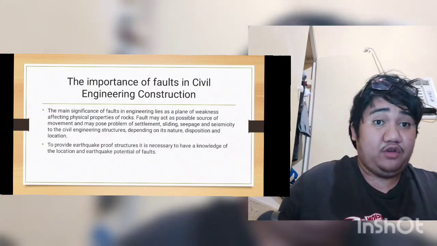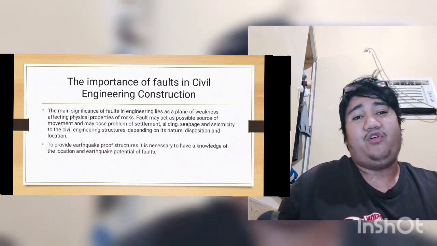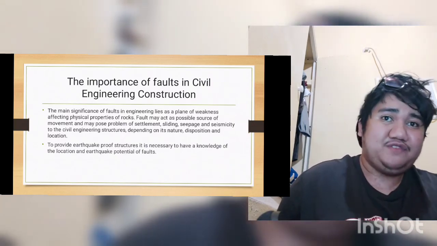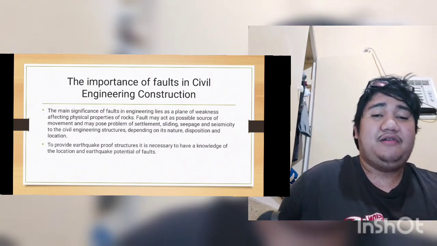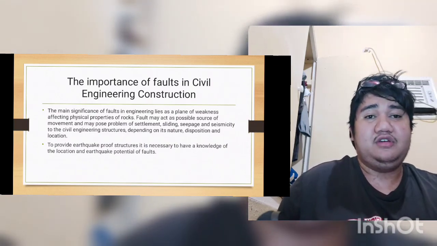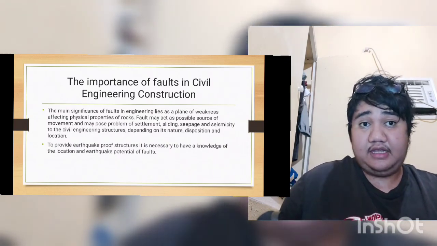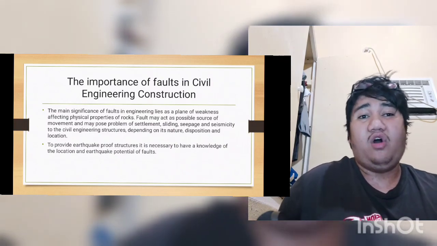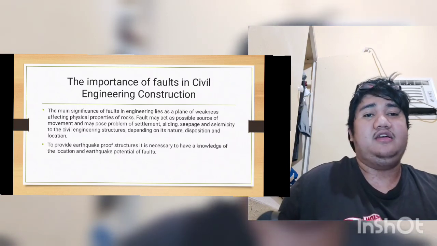Even if you build on a fault, earthquake-proof structures or earthquake-proof materials are necessary to withstand the faults, because the faults are the cause of the success or the failure of your construction building.